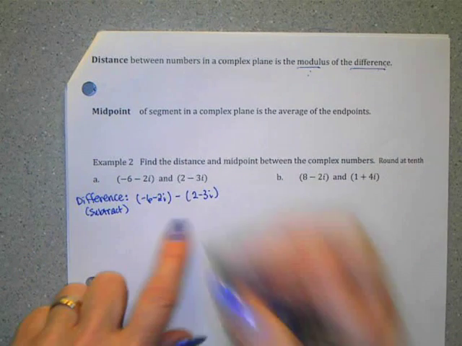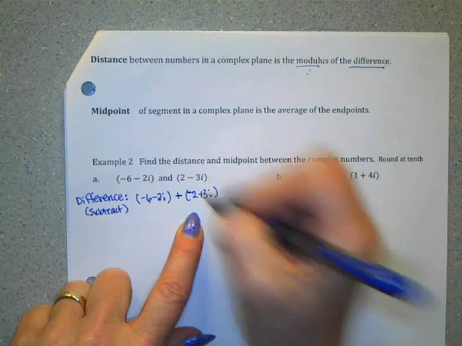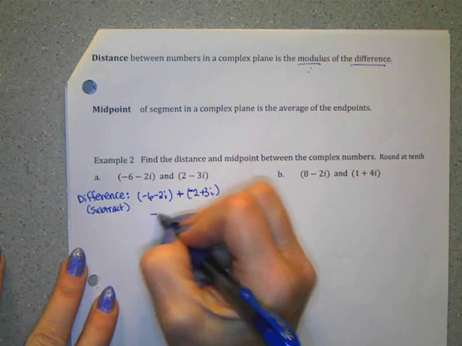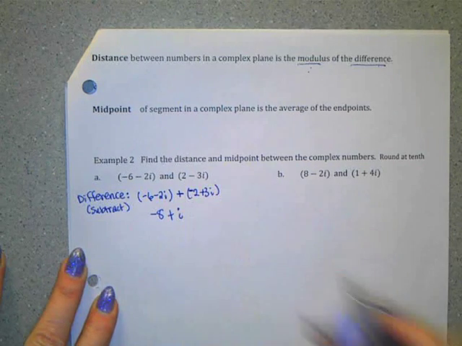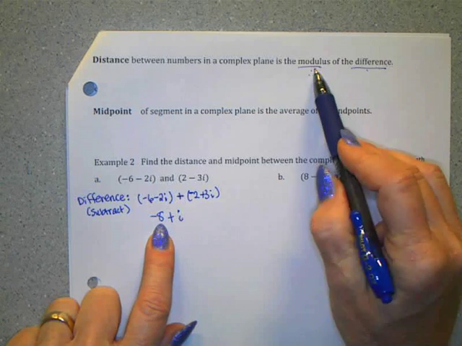So keep, change, change, or distribute this negative. Make that a negative 2 and a positive 3i, and then we'll just combine them. A negative 6 and a negative 2 will make negative 8, and negative 2i plus 3i will make plus i. So that's my difference, and then after I find the difference, I have to do the modulus.